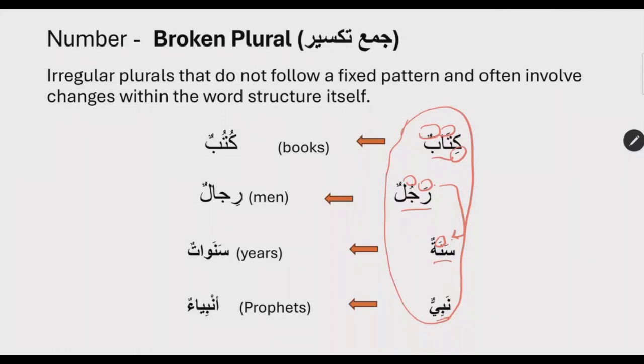But what appears at the end is the un form as a common denominator of all these words in the singular form, the un representing the nominative case. Then you have the an in the accusative and in the genitive case. So if you take this word kitabun, how do you know it's supposed to be kutubun and not in this form?